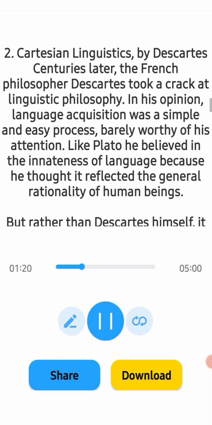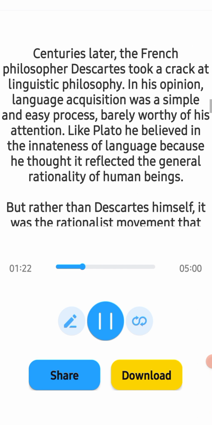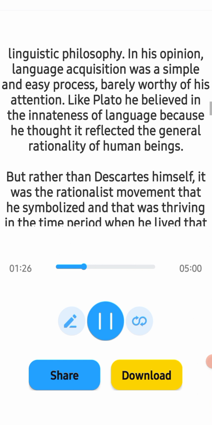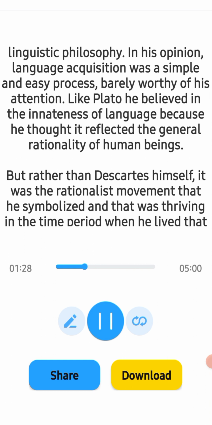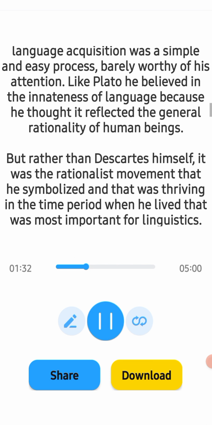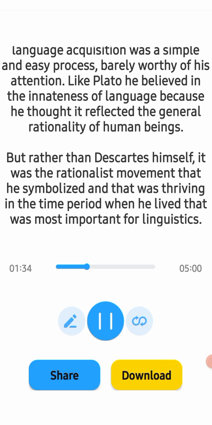2. Cartesian linguistics, by Descartes. Centuries later, the French philosopher Descartes took a crack at linguistic philosophy. In his opinion, language acquisition was a simple and easy process, barely worthy of his attention. Like Plato, he believed in the innateness of language because he thought it reflected the general rationality of human beings.